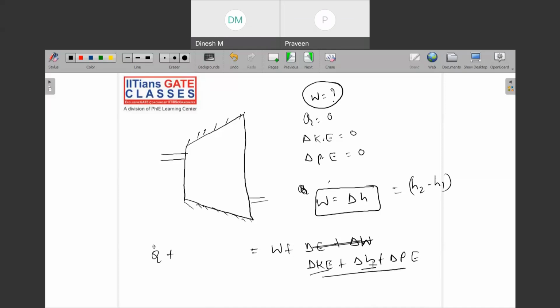Those values which are given, you consider them. If those values are not given, then you try to find out if there is any missing data. And if you find there is no missing data, and they expected us to assume something, then we will assume it, what is the big deal in it.